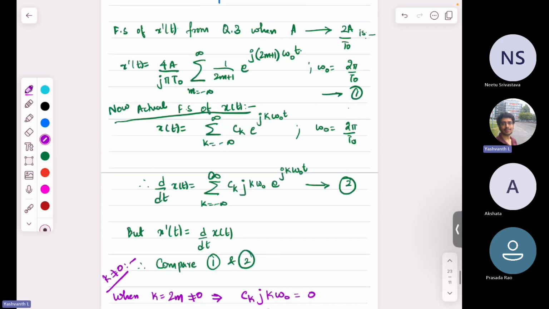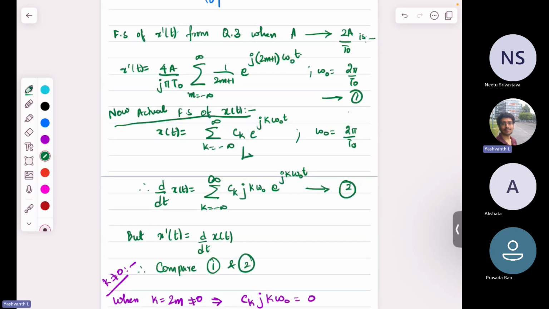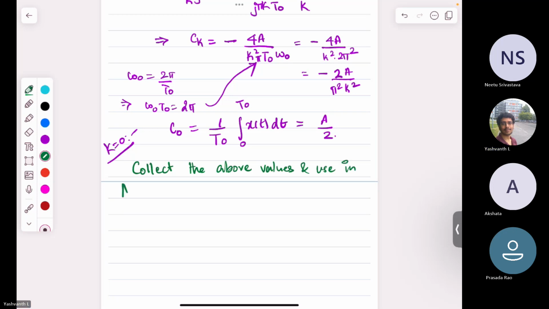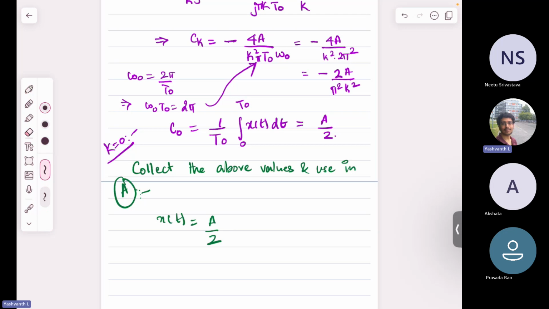Just put that in the expression, which is the Fourier series of your x of t. Collect the above values and use them, and you can show that your x of t will come out to be: your C naught is A by 2 plus summation, with minus 2a by pi square k square.